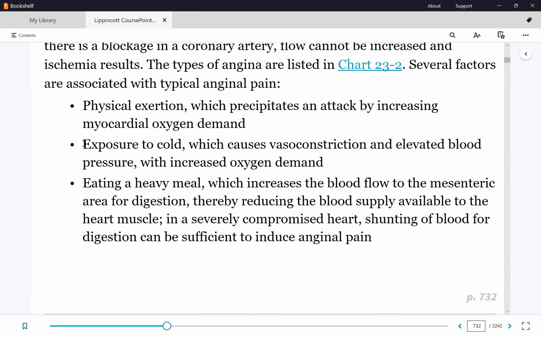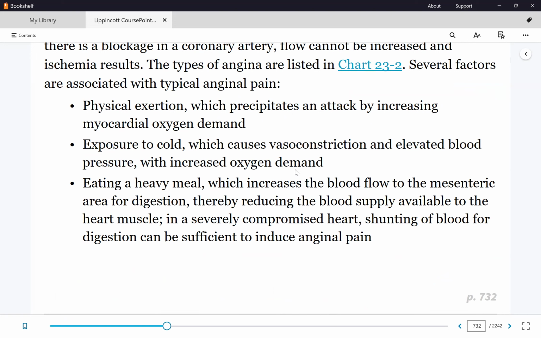So physical exertion, even eating a heavy meal, because that is, of course, going to increase oxygen demand, not necessarily increasing the heart rate, but it increases oxygen consumption by the GI tract. So it shifts during parasympathetic activation.